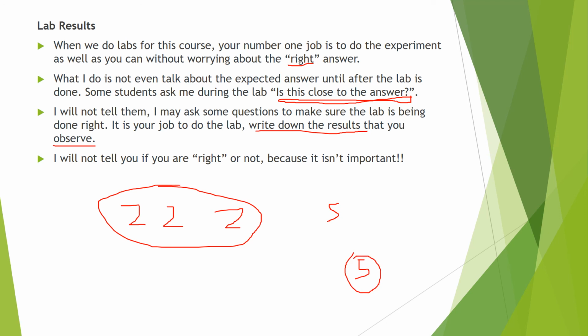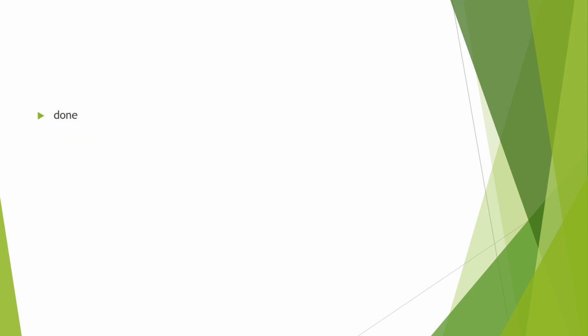I will not tell you if you got the right answer, because what you have to do is do the experiment, decide if it's precise, and then move on. And that ends this. As I do labs and present them to you, we'll talk about the precision and accuracy of the experiment.